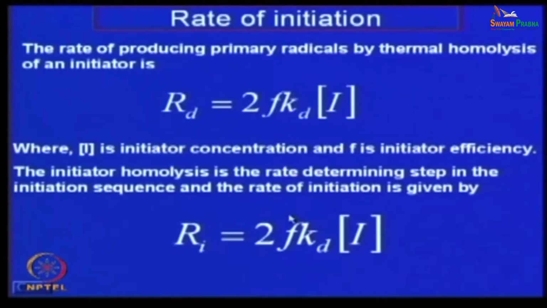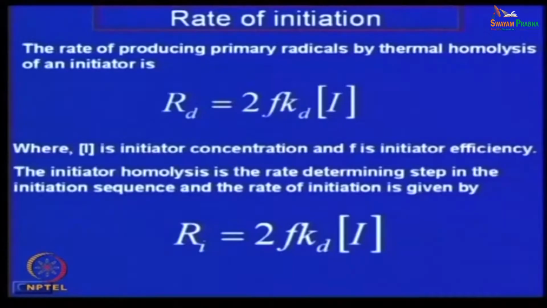Why is this efficiency factor included in this rate equation? Because once an initiator molecule is thermally decomposed, the thermal decomposition efficiency comes into play. At the same time, it is not always true that once a free radical is produced, that free radical is capable of initiating polymerization.